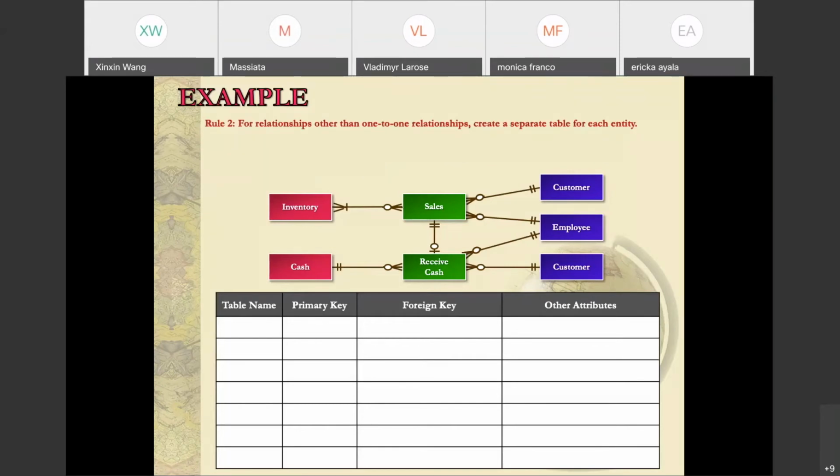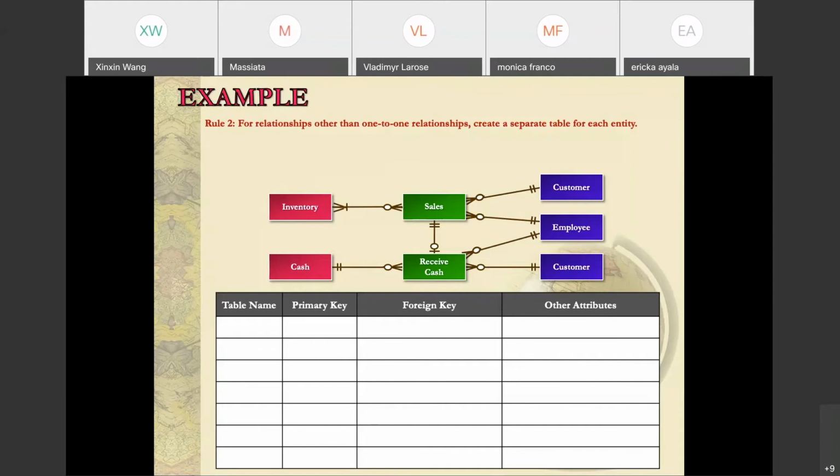So keep that in mind. So in here, you're gonna make some changes, right? Even though it's not a many relationship, you still need to do that. So rule number 2: for relationships other than one-to-one, create a separate table for each entity.